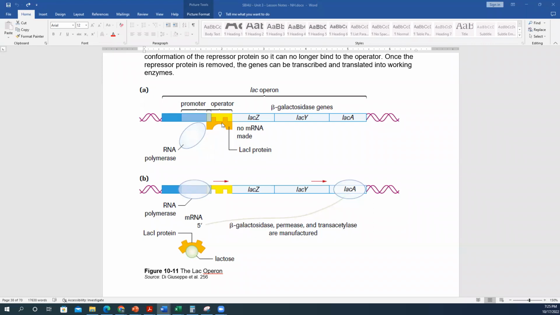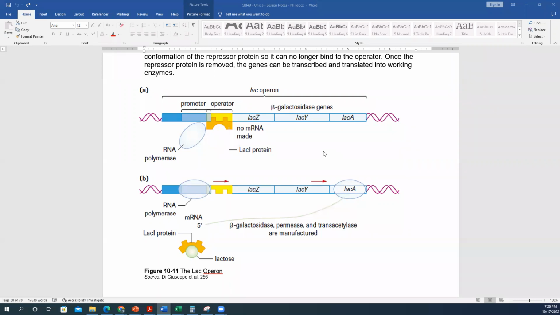This operator acts as a regulatory sequence. The structural genes within this operon code for different proteins that are involved in lactose metabolism in this type of bacteria.